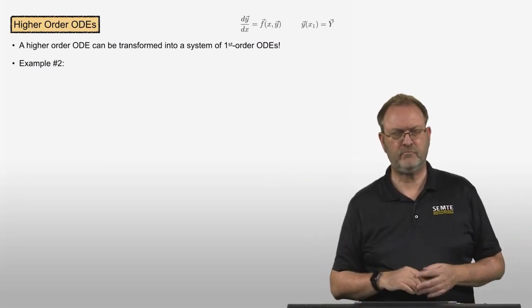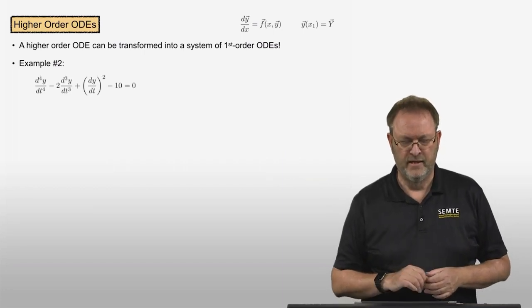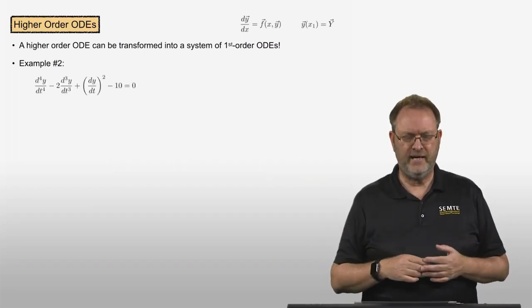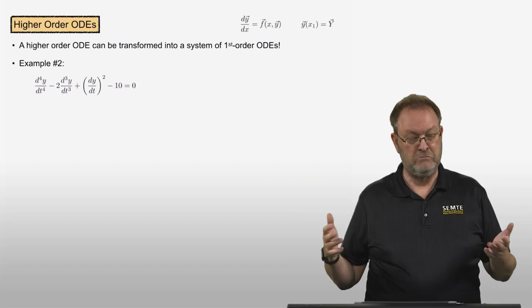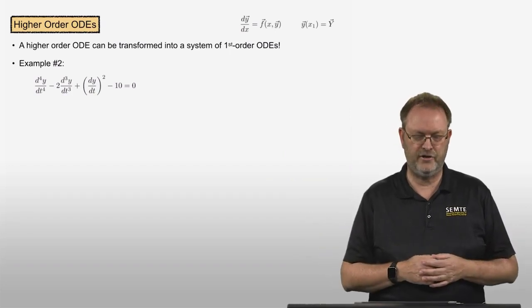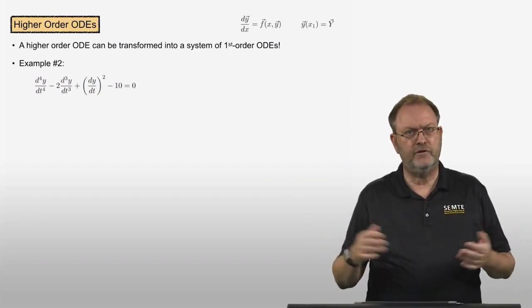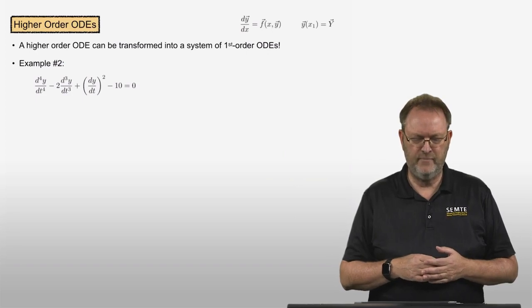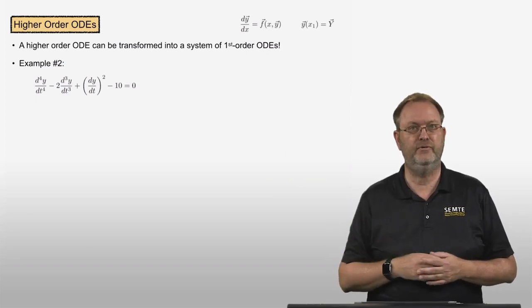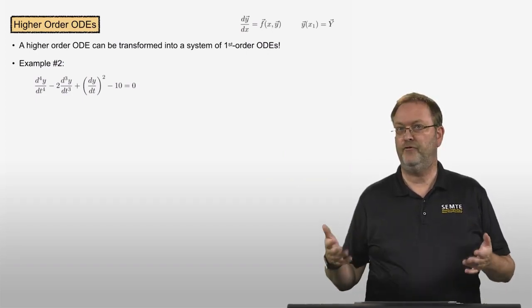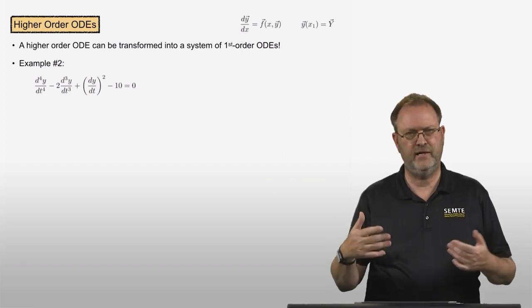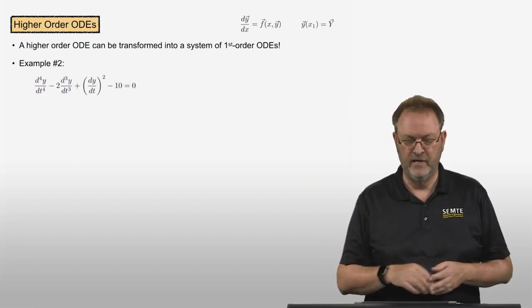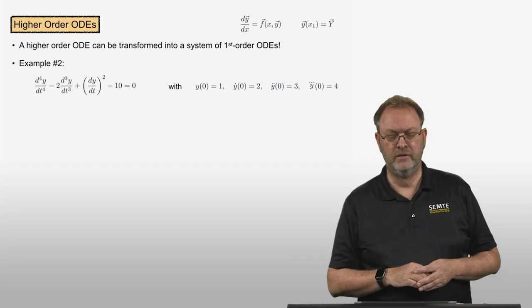Okay, here's another example. Rather complicated looking nonlinear higher order ODE. The fourth derivative of y with respect to time minus 2 times the third derivative with respect to time plus the first derivative squared, right? The square makes this nonlinear, minus 10 is equal to 0.